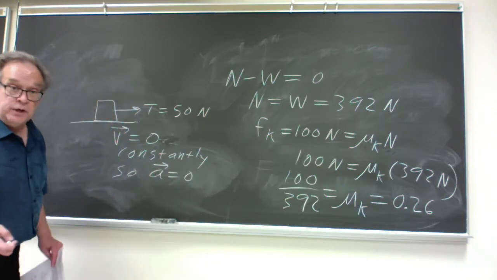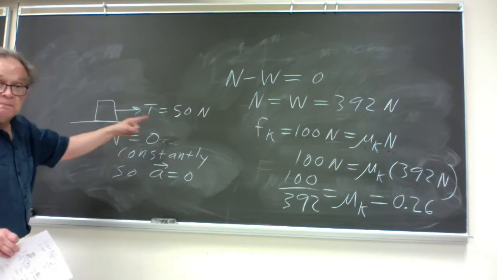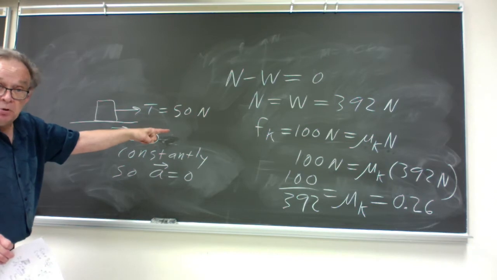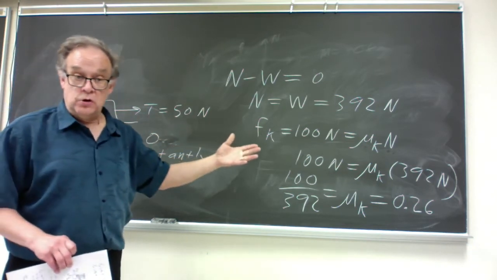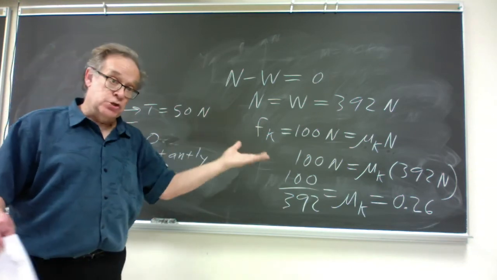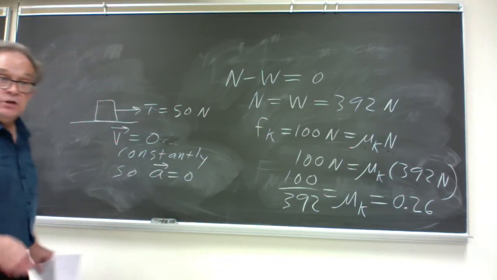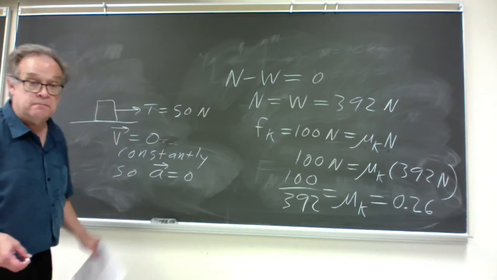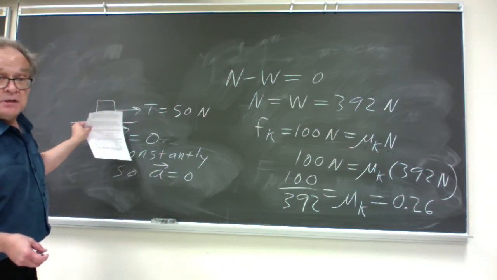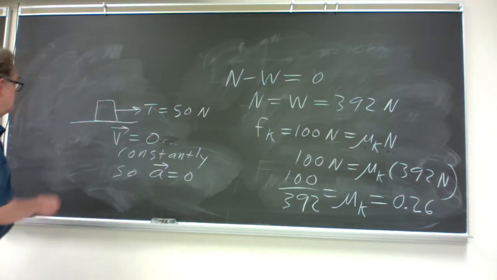To get 0 net force, it must be the case that there's some backwards force matching my pull. And that backward force is, of course, a force that prevents the crate from sliding. So if it's a force that prevents sliding, it must be static, either static or rolling friction. In this case, it keeps the crate stuck in one place, so that it would be static friction.